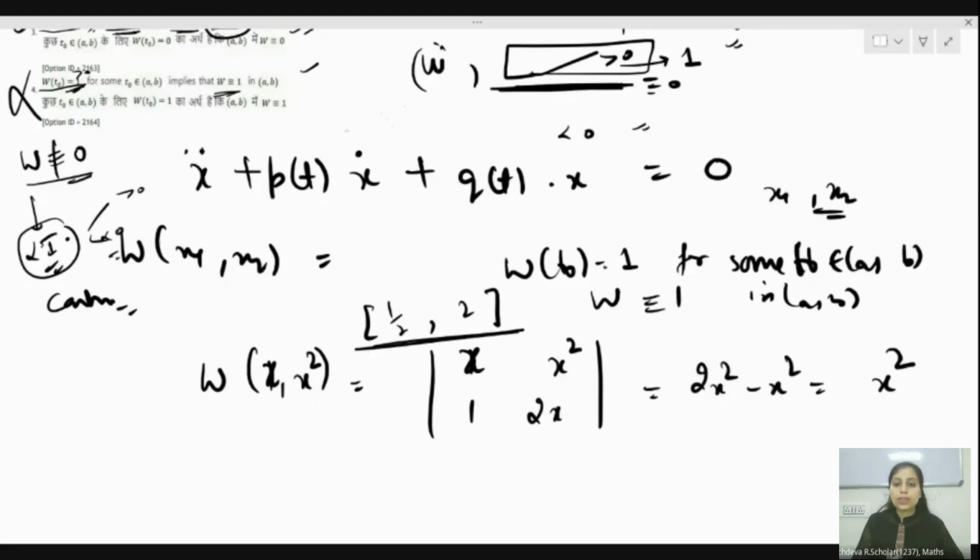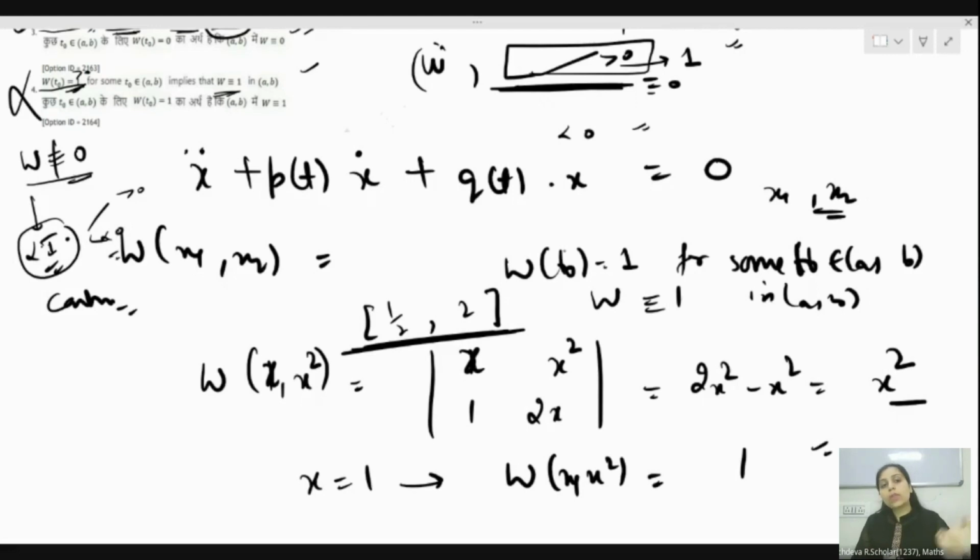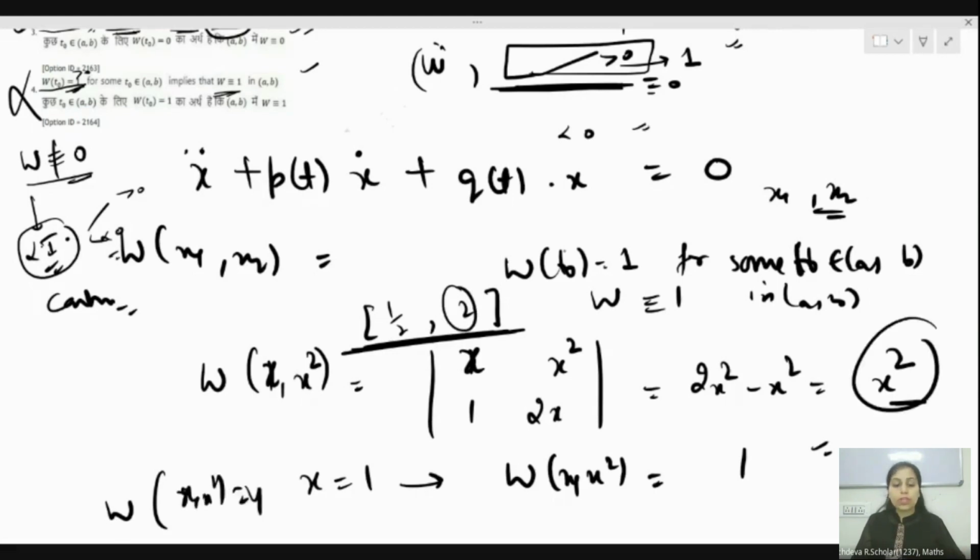Now in this interval, we have seen at x equal to 1, the value of the Wronskian x square is equal to 1. Now, can you say at the rest of the points also the value is 1? When you take the point 2, the Wronskian x square becomes 2 square, which is 4. The Wronskian is not equal to 1.